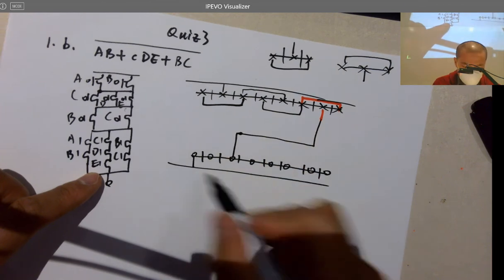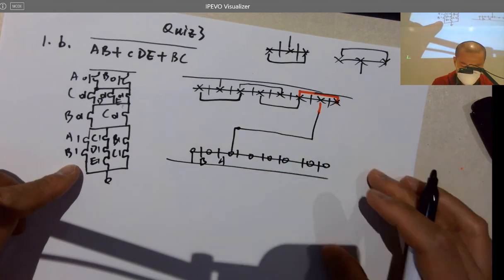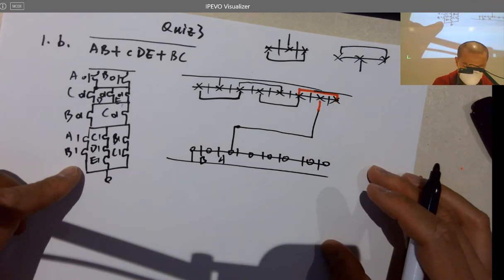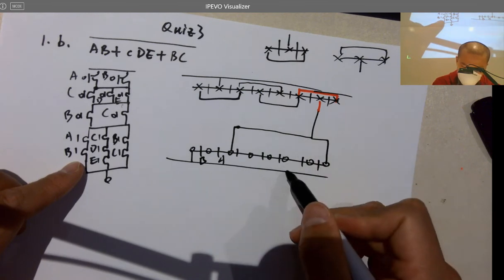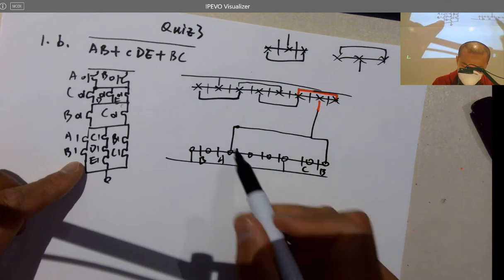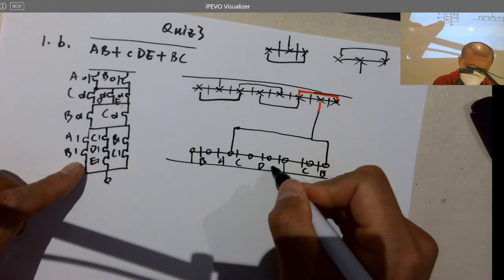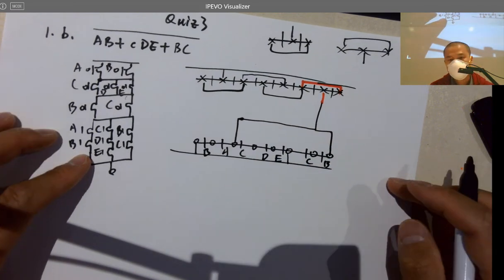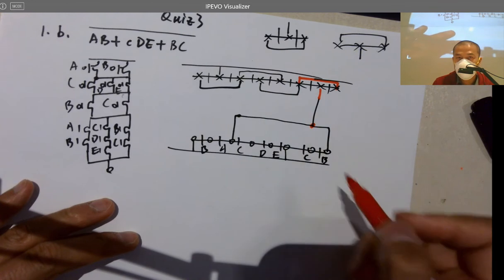So that's 2 in series for A and B. And then another 2 in series, which is B and C. And these 3 in series, which are C, D, E. So that's one branch, it's the same metal piece.